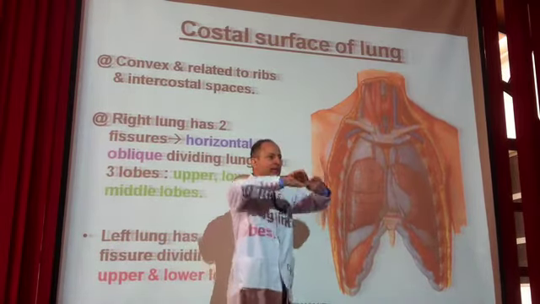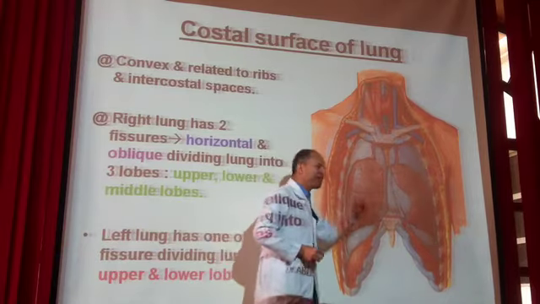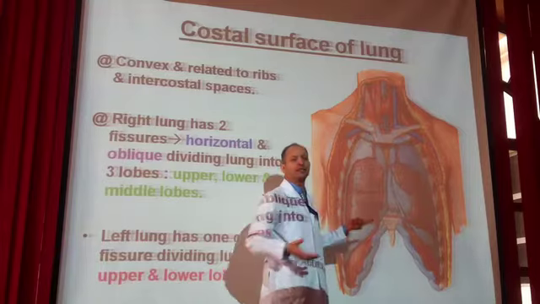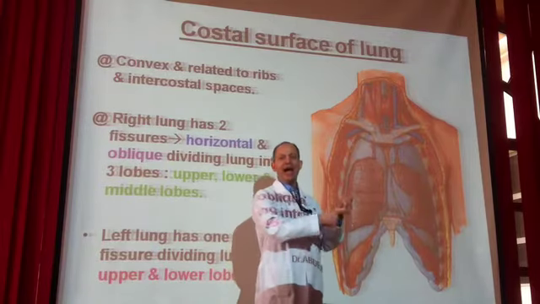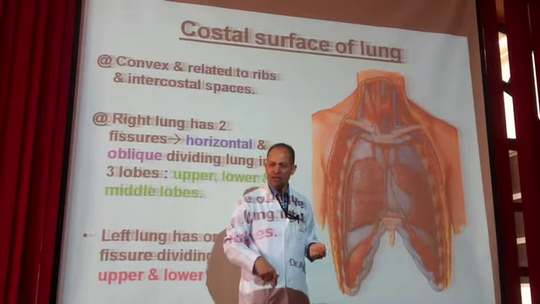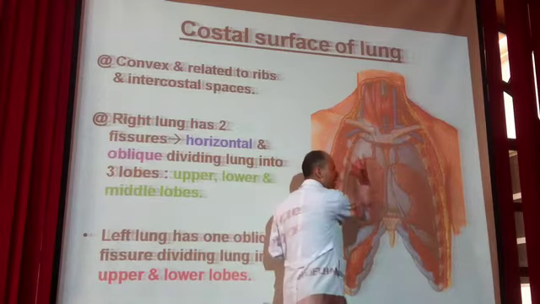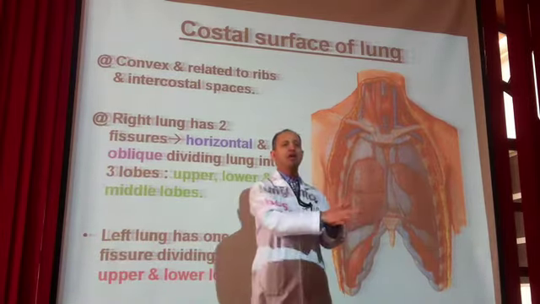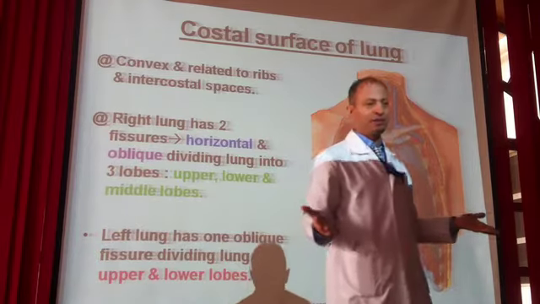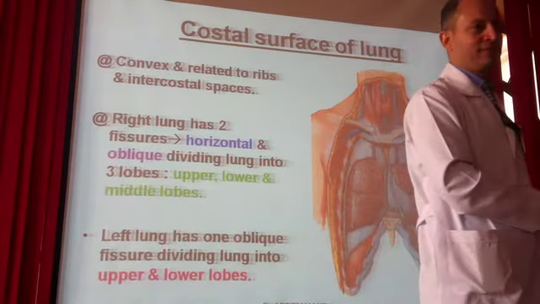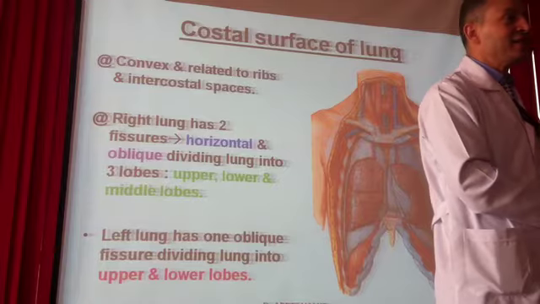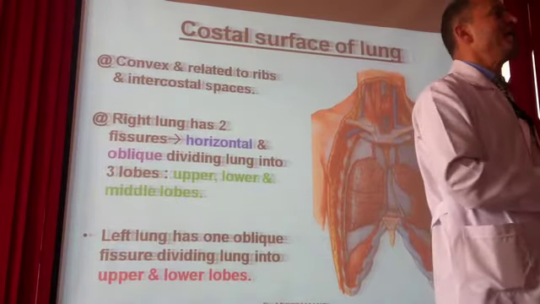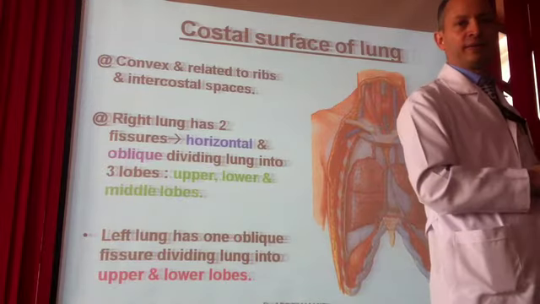The sharp fractured end will injure the most important structures located there, which are the pleura and lung tissue. What happens? Air will run outside the lung to occupy the space, making what? Compression of the lung, collapse of the lung. That's right. That's why a fractured rib should be managed perfectly.